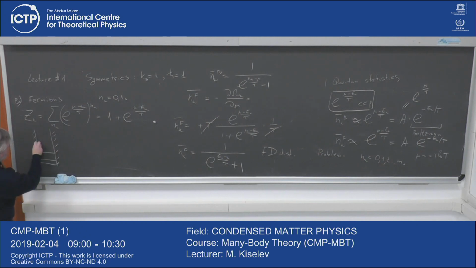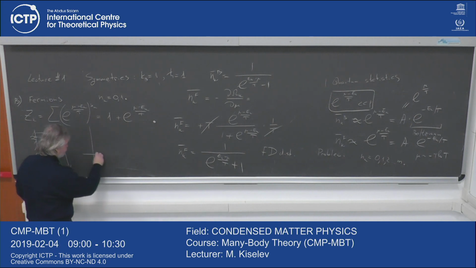I replot the quantum well with infinite walls. We start putting fermions inside the well, state by state, and so on and so forth, until we put in all m electrons. So we fill energies up to a certain energy.